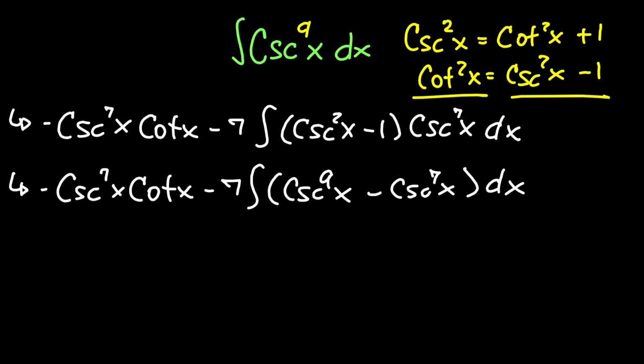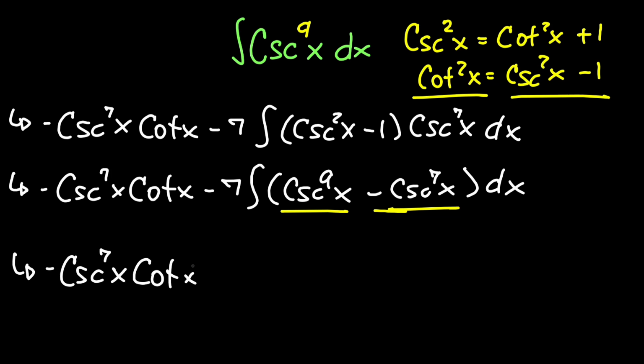And what we need to do next would be to split the integral into two parts, splitting these two together. For this one, negative 7 integral of this first part, and multiplying this by dx.